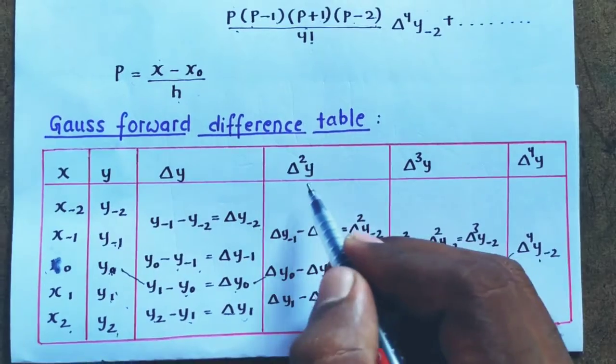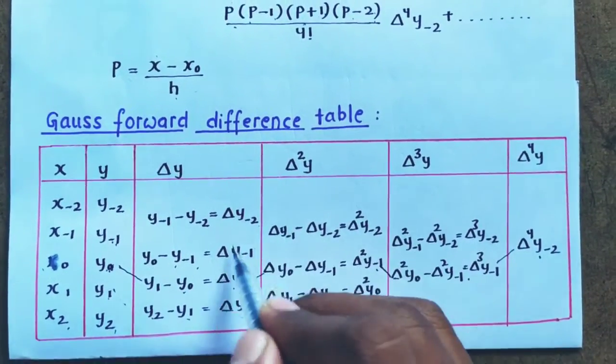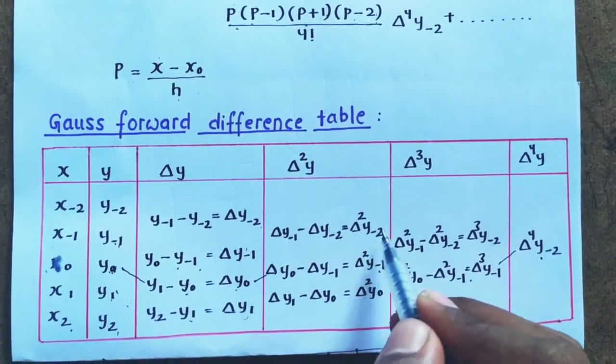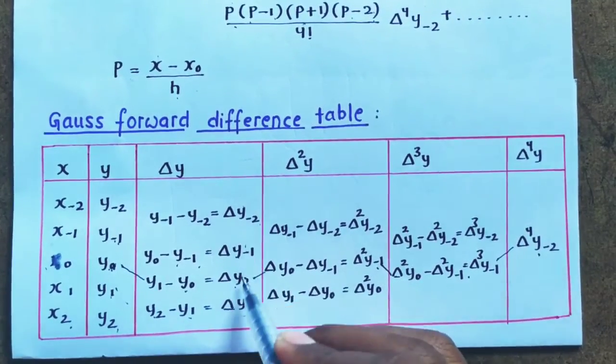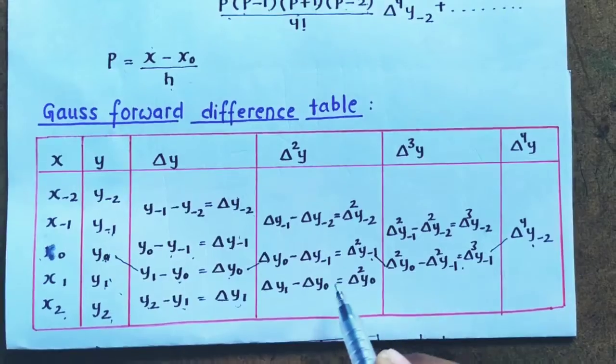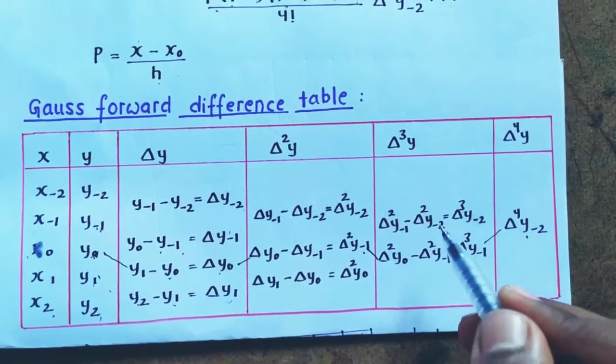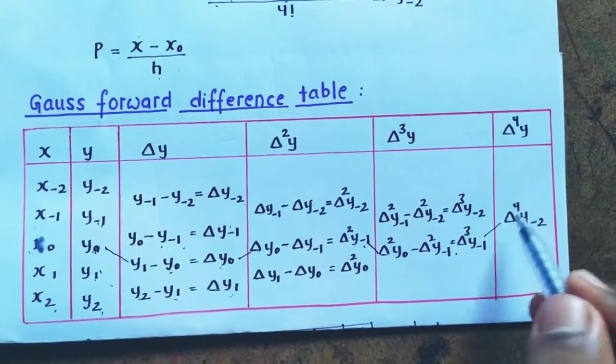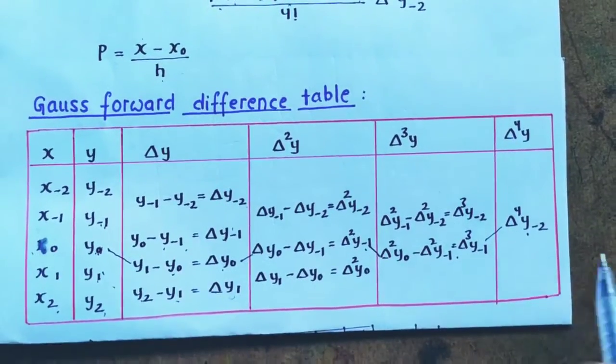Here del square y is also the same. The difference between these values is del square y minus 2, and the difference between these two values gives del square y minus 1, and similarly del square y naught, and finally up to the last value find out the values.